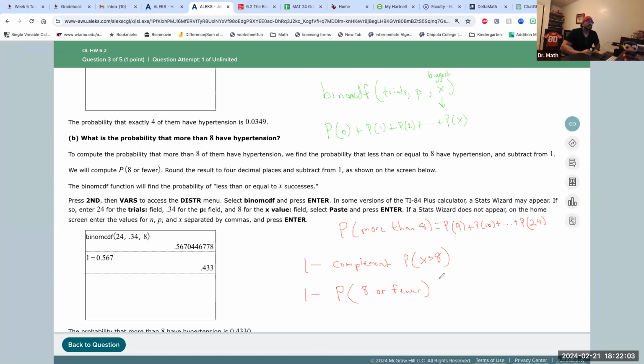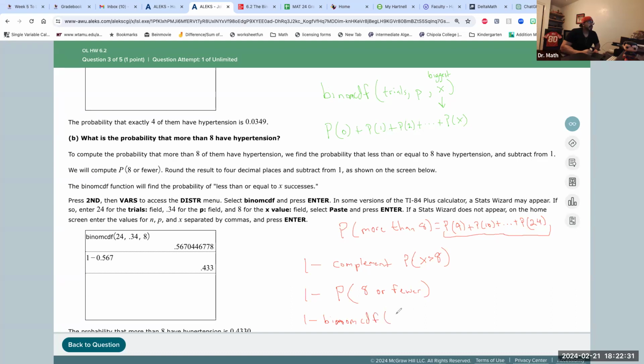All right. So again, whenever you have a more than situation, whenever you're getting the numbers to the right, the larger numbers, we're going to have to use this idea of complement. And so to find this probability, we use that program, binom, oops, that should be an N, binom CDF.